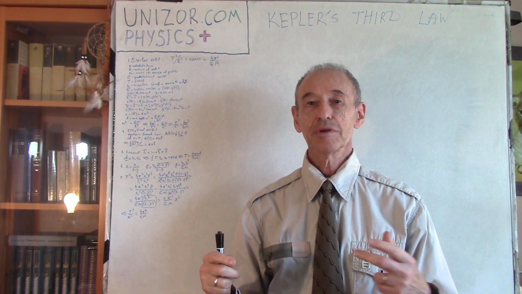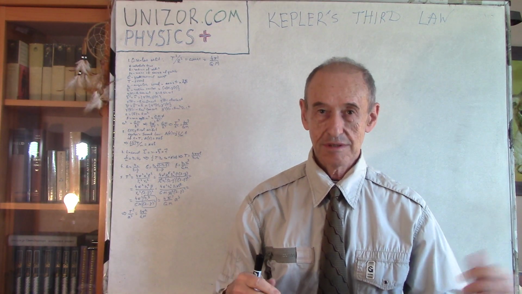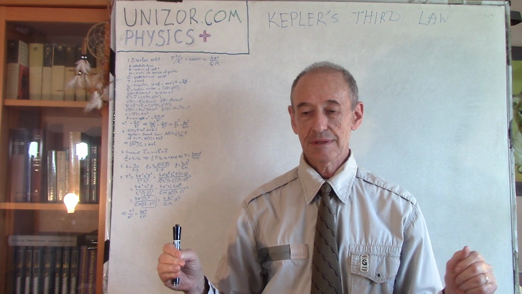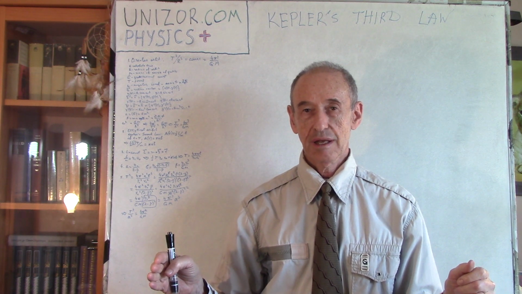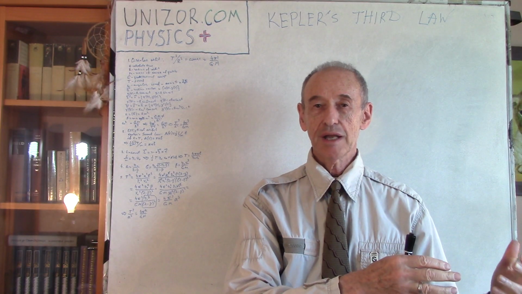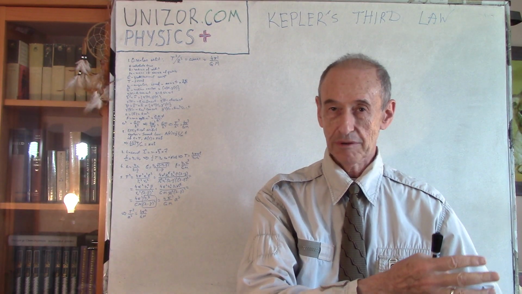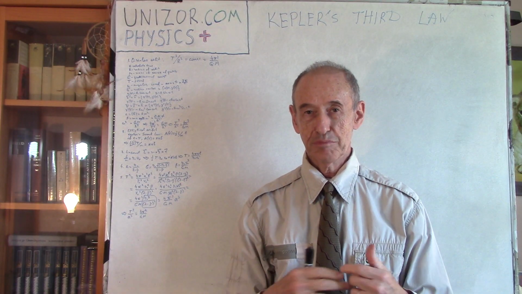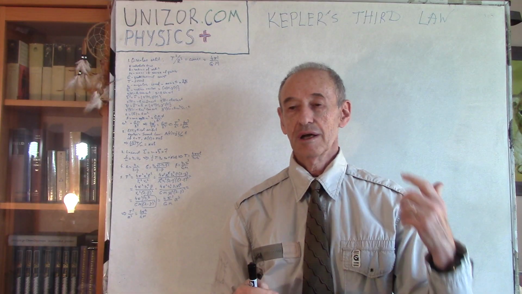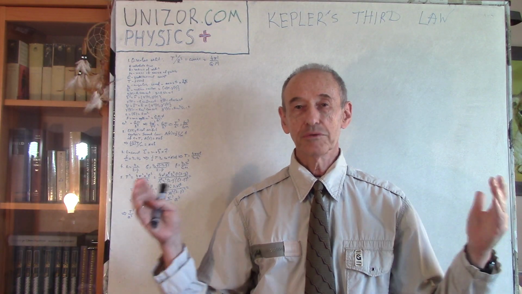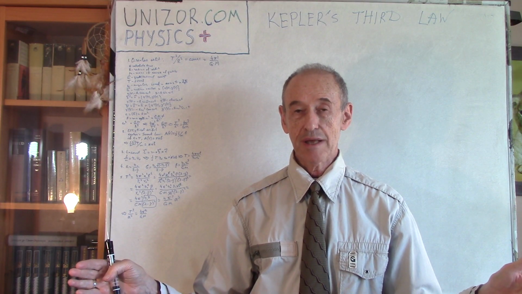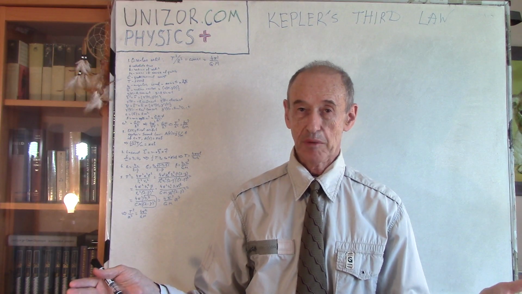So if you take the period of Earth squared divided by the semi-major axis cubed of the Earth, and then you take the same kind of ratio for Jupiter, again the period of rotation around the Sun, which is 1 Jupiter year, squared divided by the cube of the orbit's semi-major axis of Jupiter, you will have exactly the same number.